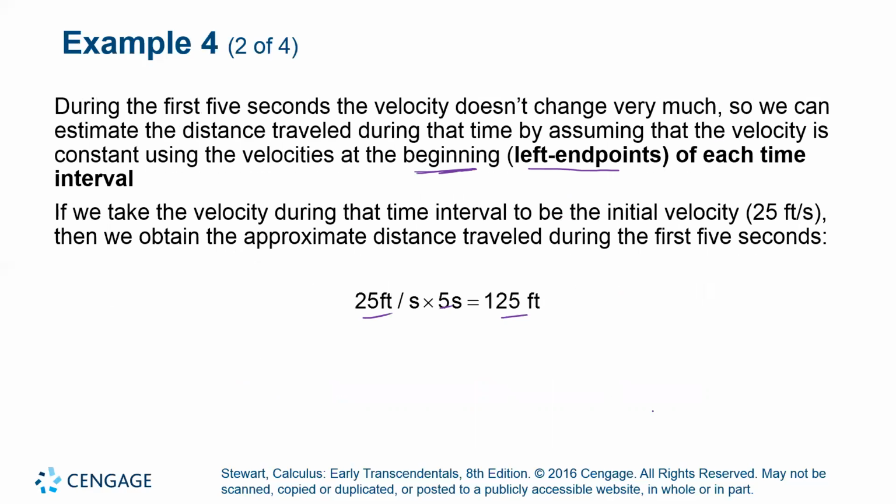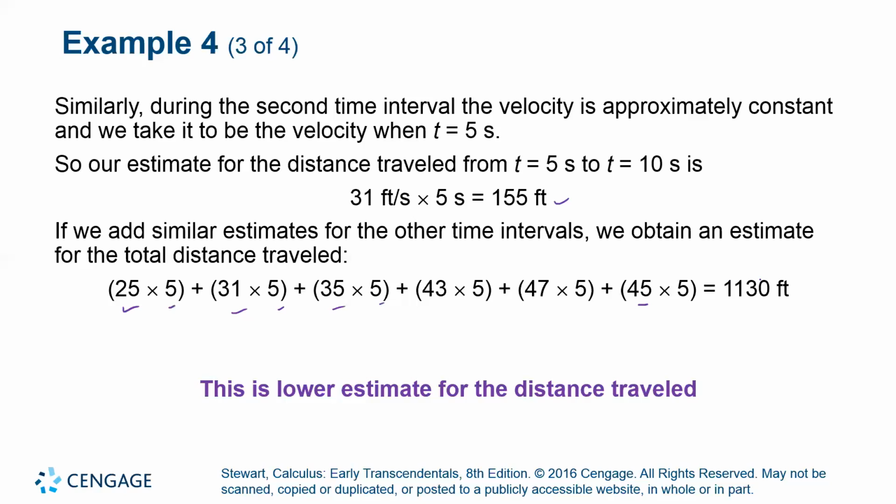When you evaluate that, you get 1,130 feet. That's the distance traveled. This is a lower estimate for the distance traveled, because the velocity is increasing steadily over the time period of 30 seconds.